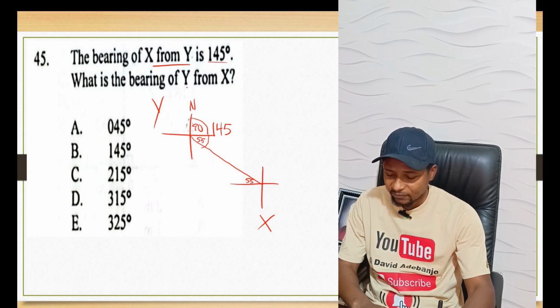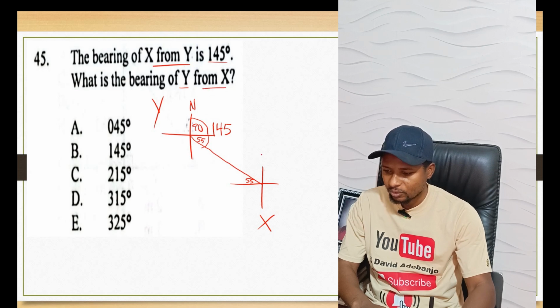Now you can read the last statement. They said, what is the bearing of y? Meaning you're going back to y, but starting from what? X. So you go all the way from the north again. And where are you stopping? The line that takes you back straight to your y. So you go this way. So this is 90, this is 90, this is 90, and this is 55.